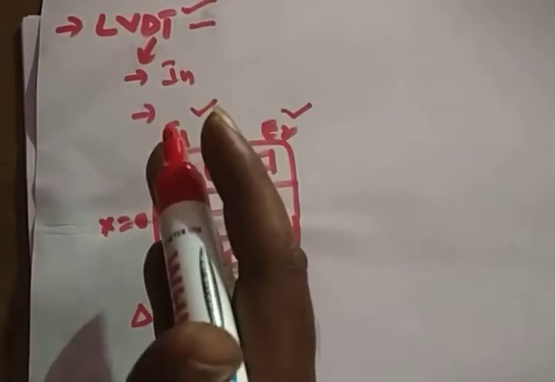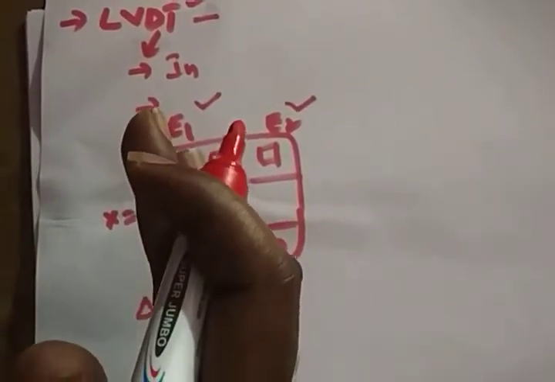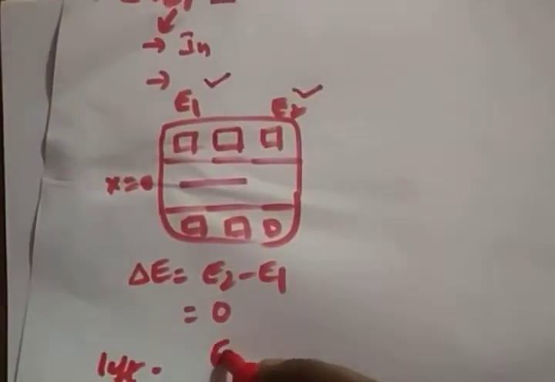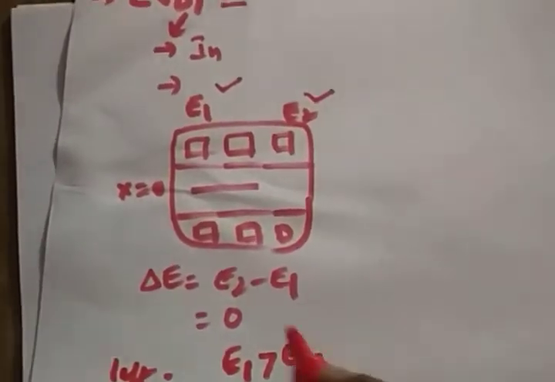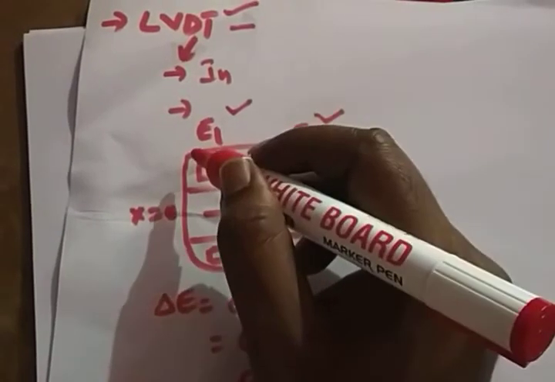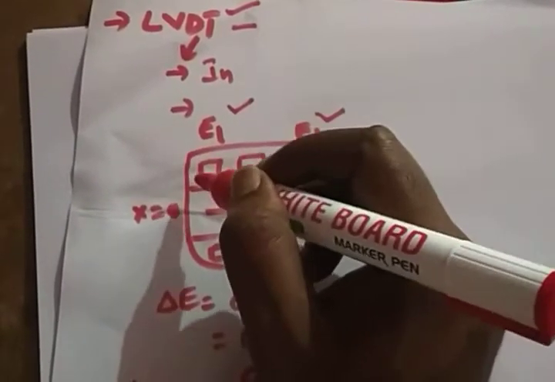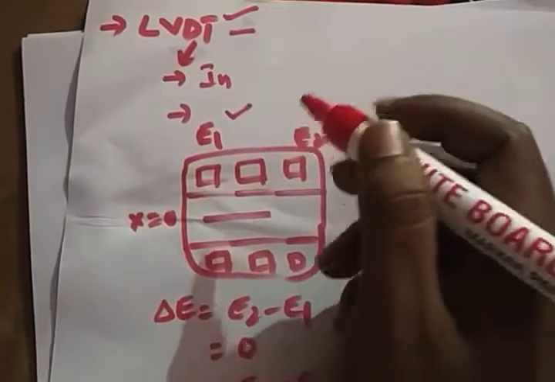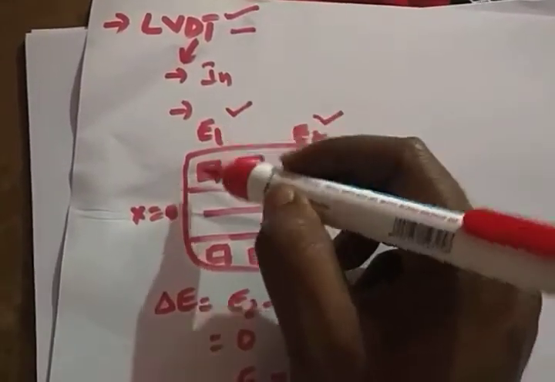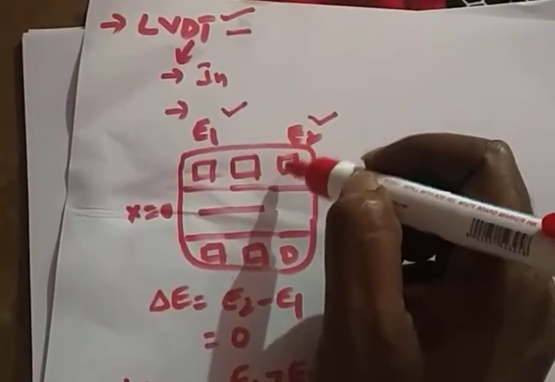Now you are moving your soft iron piece to the left position. So E1 should be greater than E2. The flux near this secondary, E1, is very high compared to the other secondary, so the voltage developed here is greater than the voltage developed there.